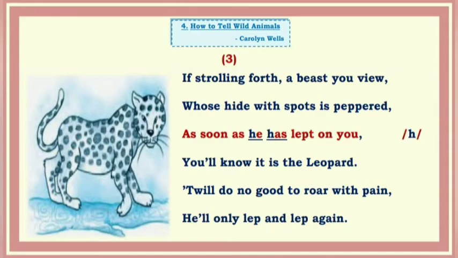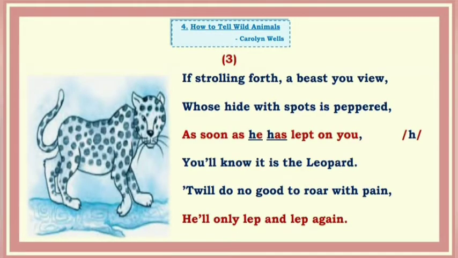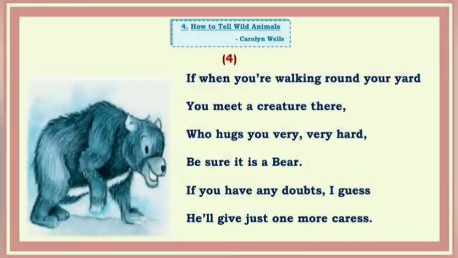In the line, he will only lap and lap again, the sound L is repeated at the beginning of lap. In the line, if when you are walking round your yard, the sound W at the beginning of when and walking, and Y at the beginning of you, your, and yard are repeated.